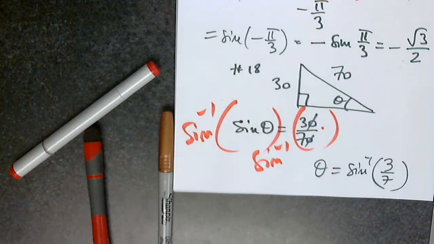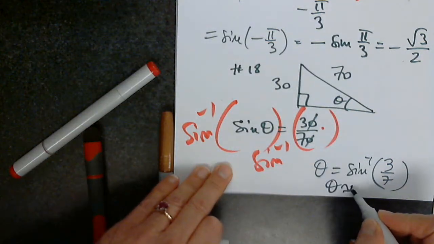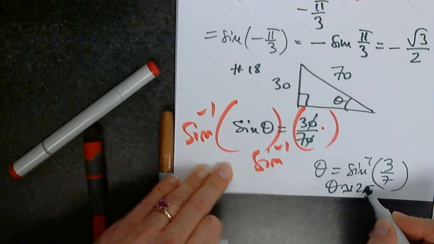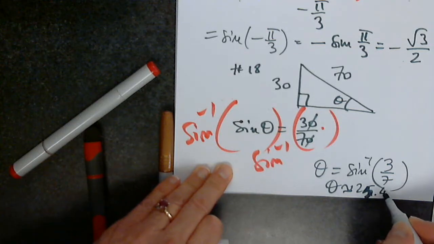They want us to put in the graphing calculator because there is no way I can determine this. So sine inverse of 3 divided by 7. I already have the mode in degrees, so I press enter and I get 25.4 degrees. So theta is approximately 25.4 degrees.